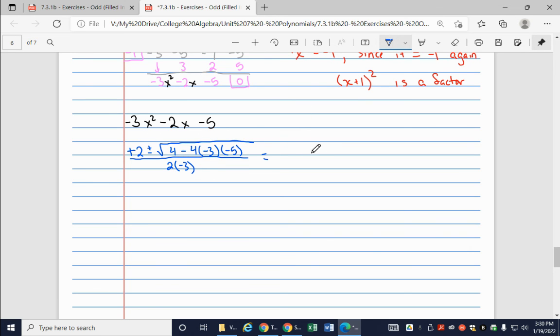All right, let's simplify. 2 plus or minus the square root of 4 minus, so I'm going to be negative. 4 times 3 is, I'm going to do 4 times 5 because that's 20, and 20 times 3 is 60. I try to multiply so it's easy in my head. And then on the bottom, 2 times negative 3 is a negative 6. So this is 2 plus or minus the square root of negative 56 divided by negative 6.